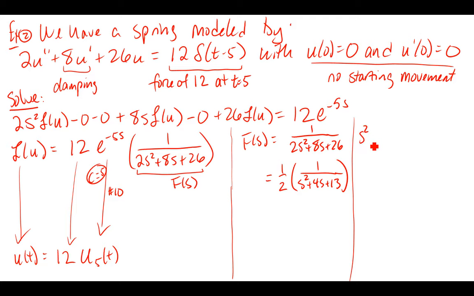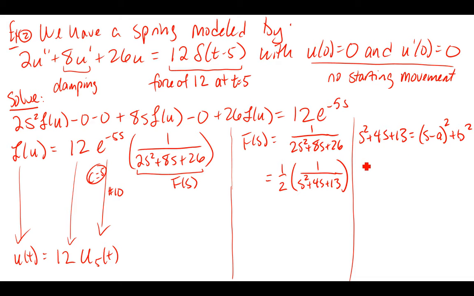I don't want to get too carried away here, but I think I need to complete the square on this guy. Just remind yourself that means I'm trying to make it look like (s minus a) squared plus b squared, because I'm trying to use rules 6 and 7.